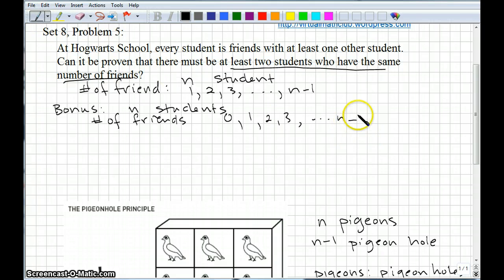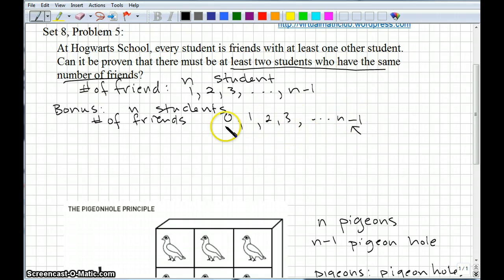Alright, so now it kind of looks like we have n categories to sort the kids into if we were sorting them by number of friends. But we need to think about it. If someone has 0 friends, then we can't have someone with n minus 1 friends, because if someone has n minus 1 friends, then they're friends with everybody.